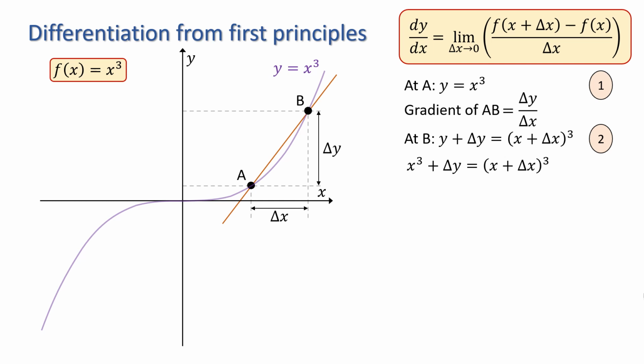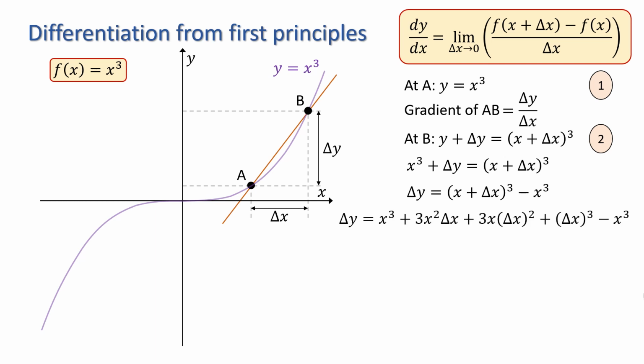Subtracting x³ from both sides, we have delta y = (x + delta x)³ minus x³. Now we need to expand (x + delta x)³ to see what remains. We have x³ + 3x² delta x + 3x delta x² + delta x³, minus x³.